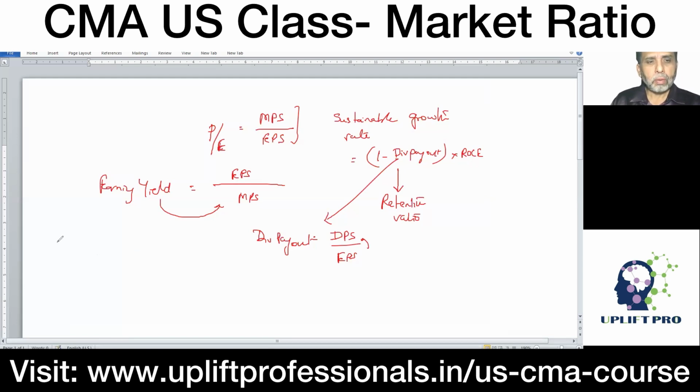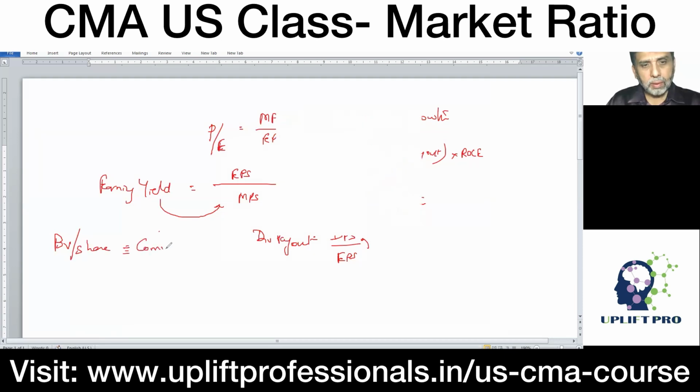Now, how do you calculate book value per share, common equity? Okay, out of that, if there is any preference dividend, you minus the preference dividend. Okay, divided by number of shares. Otherwise, you have to say equity minus preference equity.